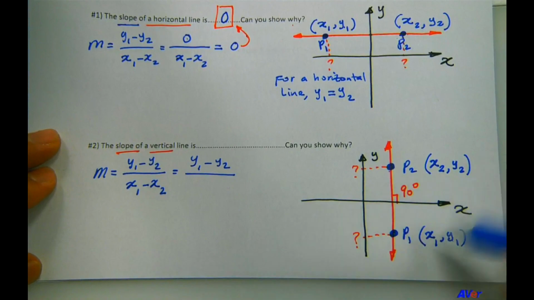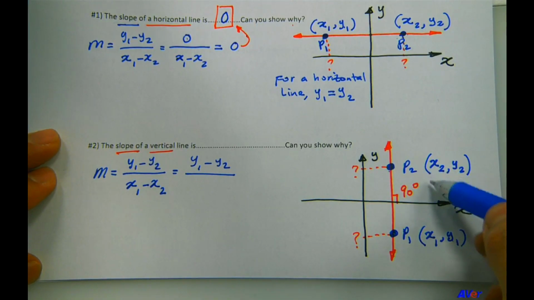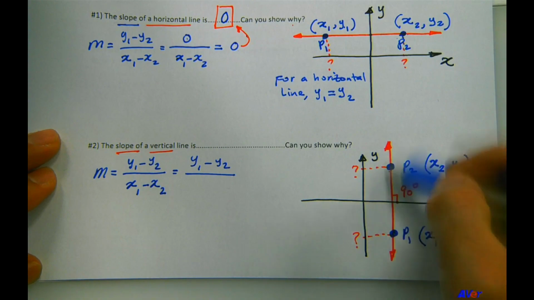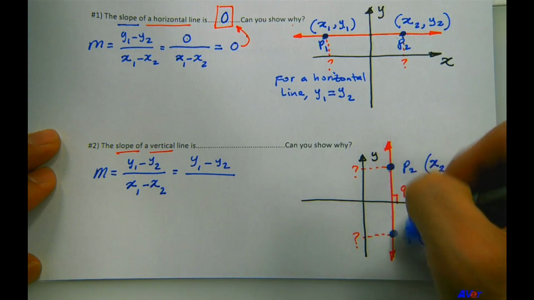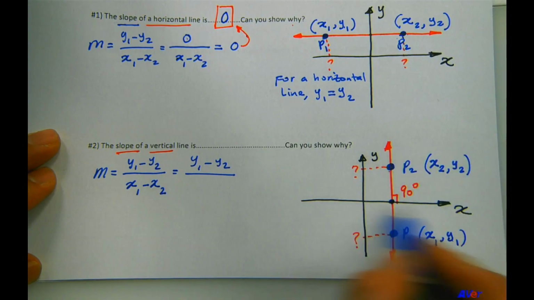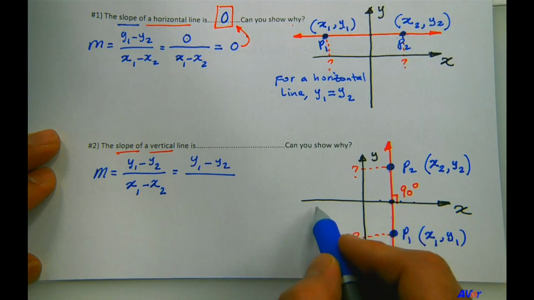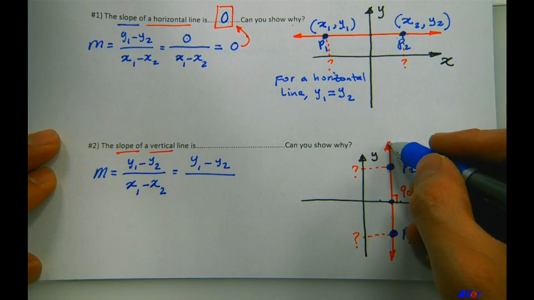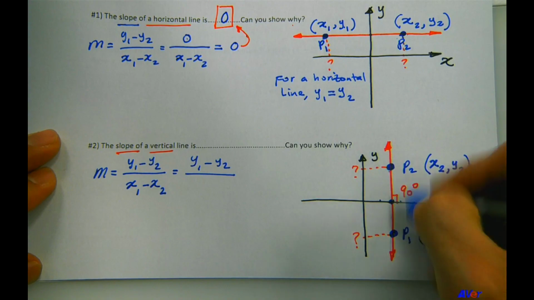How about x1 and x2? x1 and x2 have to be the same number because this whole line is going through the same x value, right? This axis, x-axis, represents different x values. But this vertical line is going through the same x value. It doesn't zigzag.